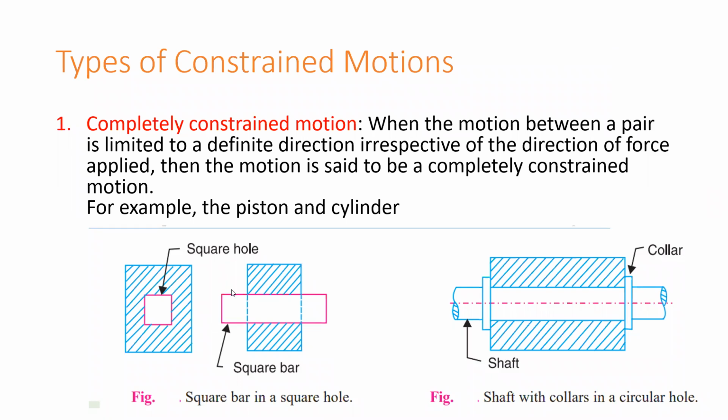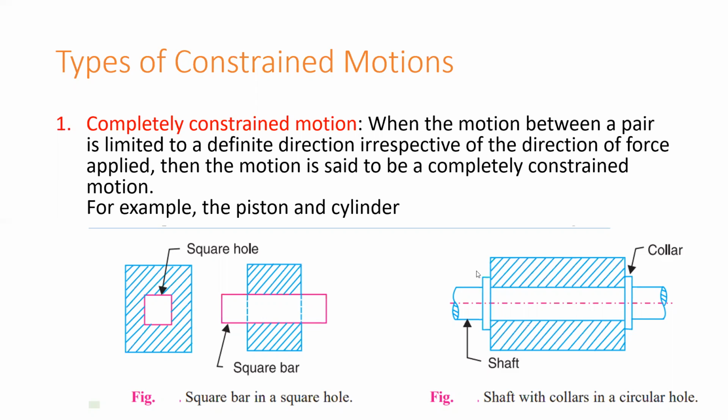So you have seen the constraint motion concept. Here also we have seen that the shaft can only rotate. It cannot slide because its sliding is prevented by the collar provided here. So its motion is completely constrained with the help of mechanical connections.